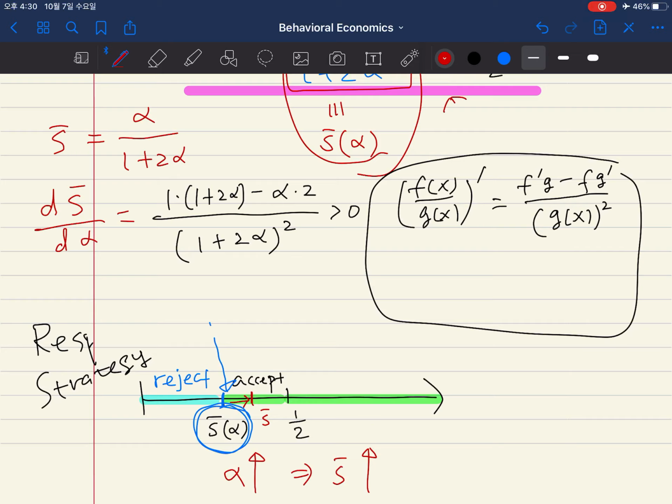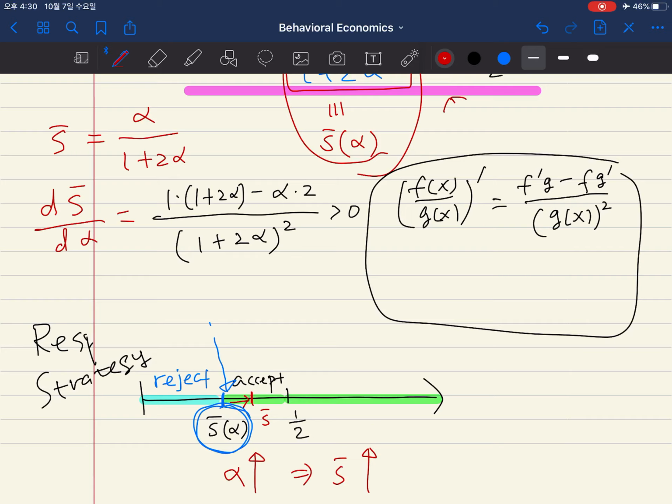So what does it mean? Alpha gets bigger. So if the responder feels greater envy about the proposal because of this inequality, then in this case the responder is more likely to reject the offer, because if the responder accepts the offer, then from this outcome the responder is going to feel great envy.